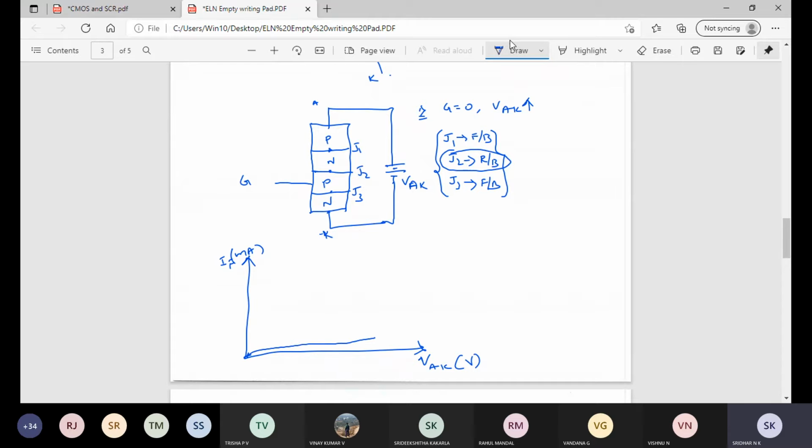And if you still keep increasing this VAK value, at one point this J2 junction will collapse because of avalanche breakdown. At that moment, a sudden fall of voltage will take place across this device and sudden current will shoot up. This is for Vg equal to 0.